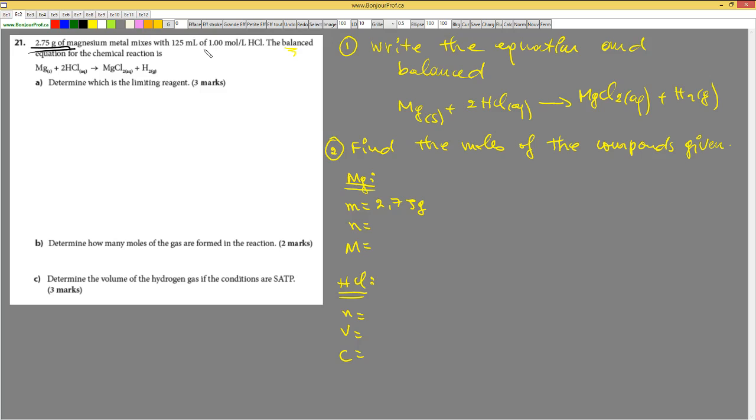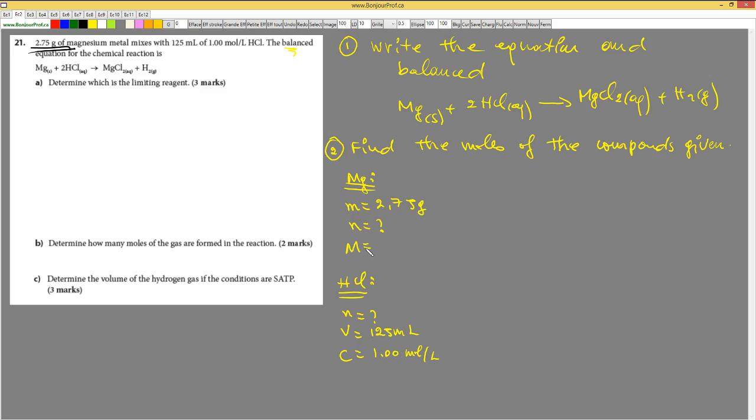What is the volume? 125 milliliters. What is the concentration? 1.00 mole per liter. So I have to find the moles here, and I have to find the moles here. What is the molar mass of magnesium?